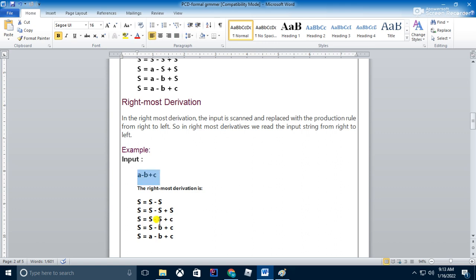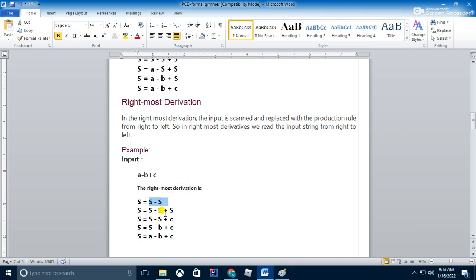Here we first replaced this S with c, and then the remaining symbols, b and a, we replace one by one, starting from right to left. We started with the production rule S = S - S.